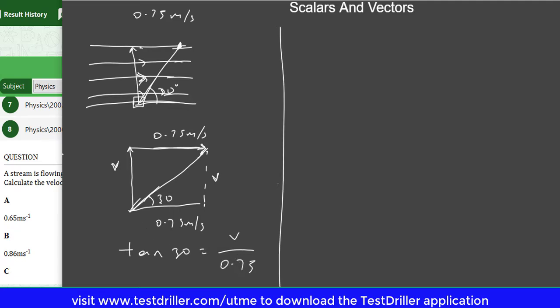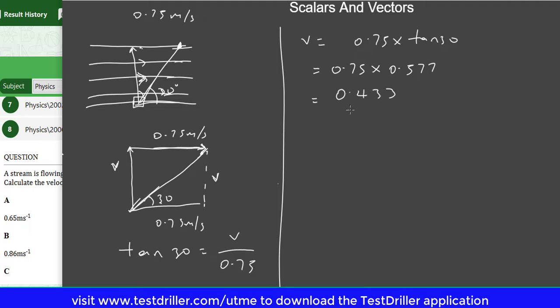So the velocity would therefore be 0.75 times tan 30, and that will give you 0.75 times 0.577. If you multiply these two, you're going to get 0.433.